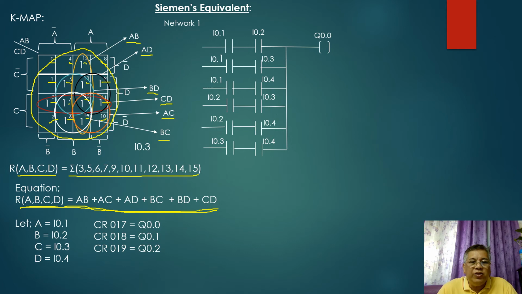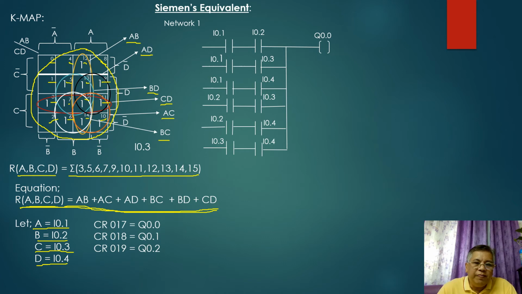Now this equation can be represented in Siemens by, for example, for A, I 0.1, for B, I 0.2, for C, I 0.3, and for D, I 0.4. That is for the input part of your Siemens.